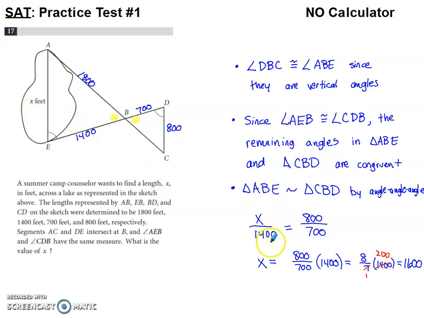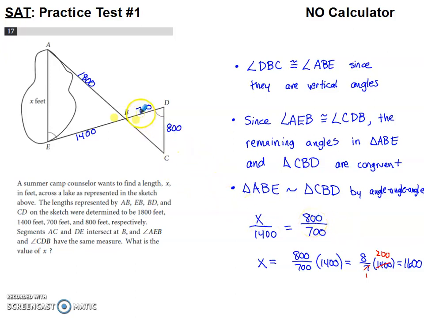Now if you look at what I have in my denominator, I have 1400 beneath the x, and I'm keeping the measures of the sides of the big triangle on the left side of my proportion, and then the measures of the corresponding sides on the little triangle are on the other side of the proportion.